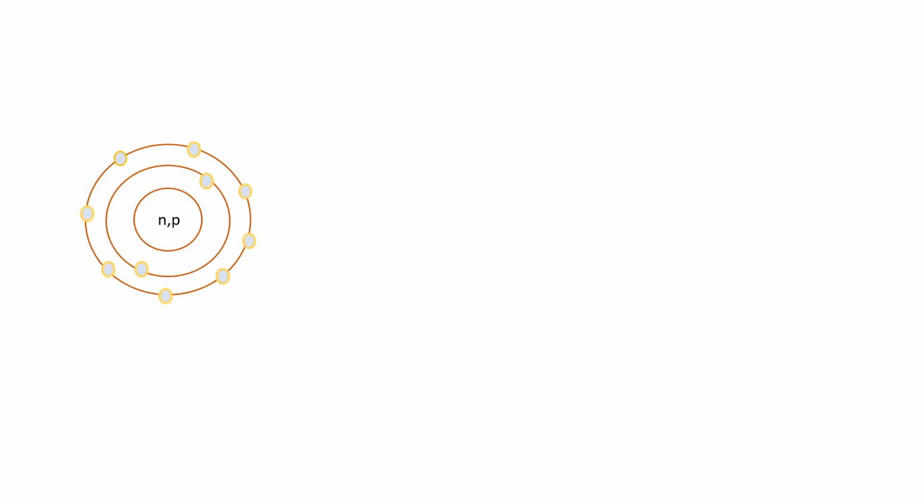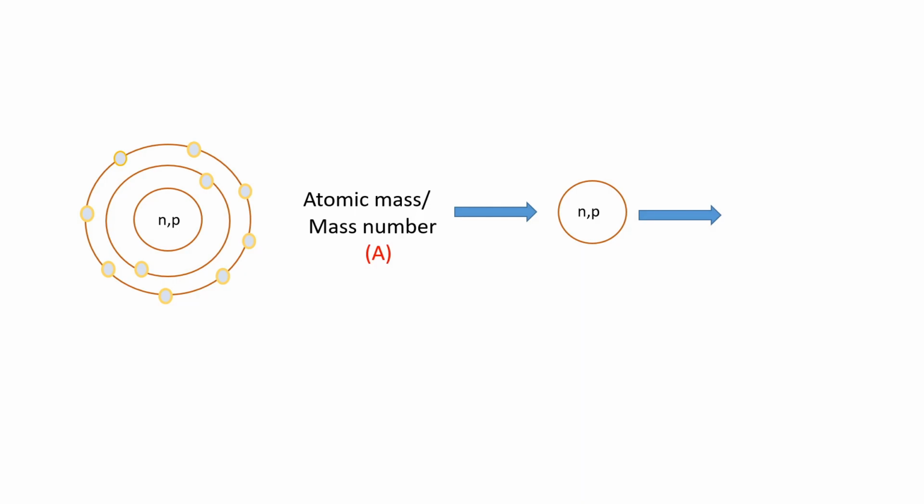In the second, 8. Now we are going to see the first basic definition of an atom, which is atomic mass or mass number, denoted by a capital A. The mass number is given by the number of protons and neutrons sitting in the core of an atom, that is the nucleus. So basically, it is the sum of neutrons and protons.